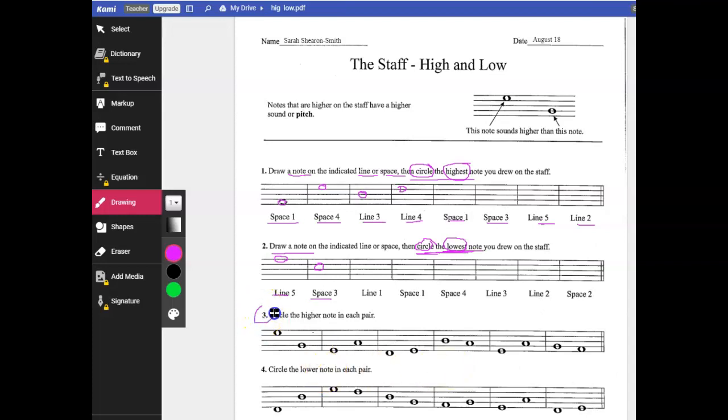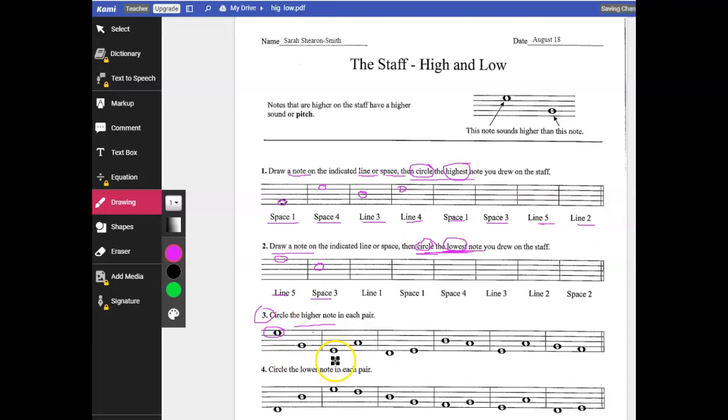For number 3, you're going to circle the higher note in each pair. As you're looking at these pairs of notes, you're going to circle the higher one. It does not matter if the note is above or below the staff like this one. On this first one, we have this note and we have this note, and the higher one is the one I'm going to circle.